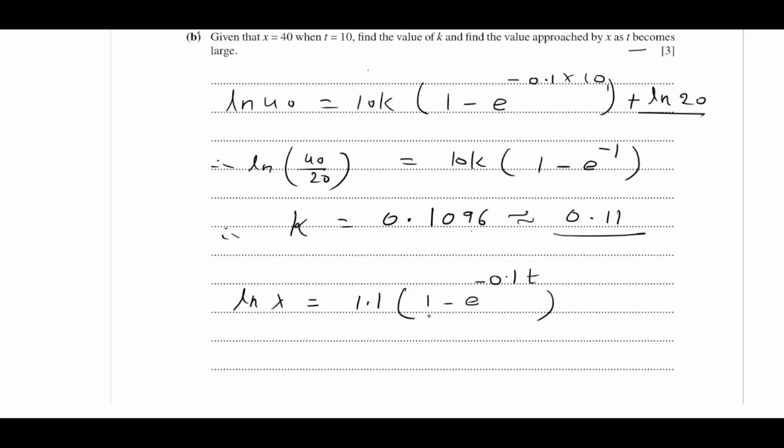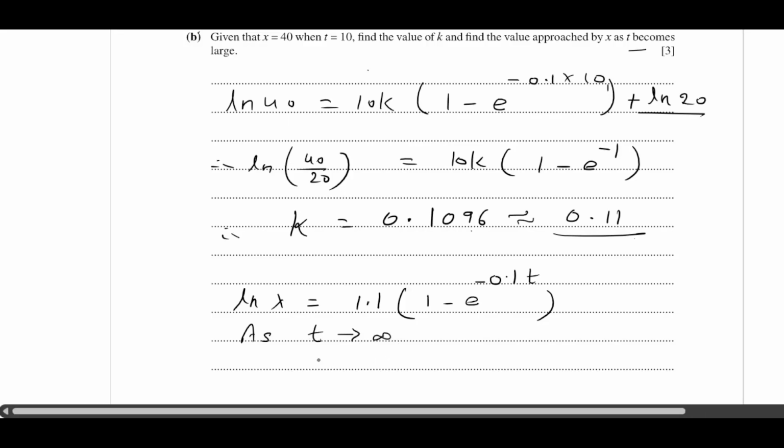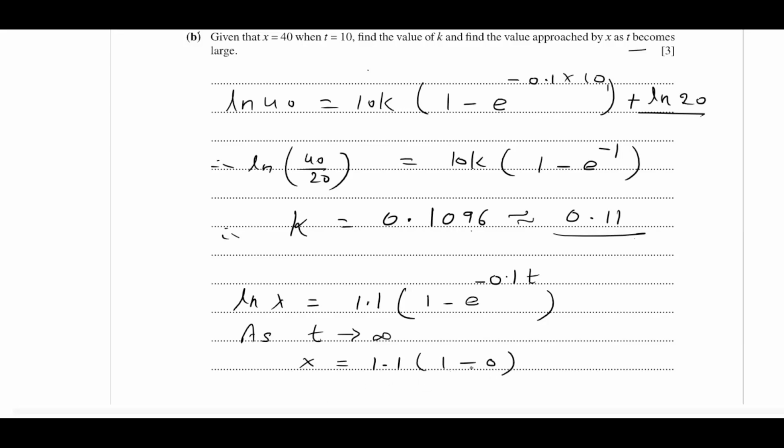Now the question is that as t approaches infinity, e raised to minus infinity will approach 0. So as t approaches infinity, x will be 1.1 into 1 minus this part, which becomes 0.